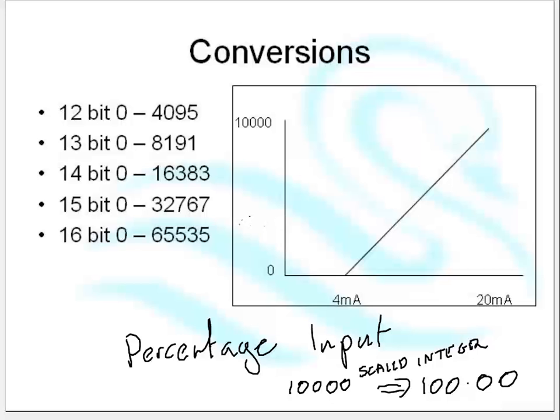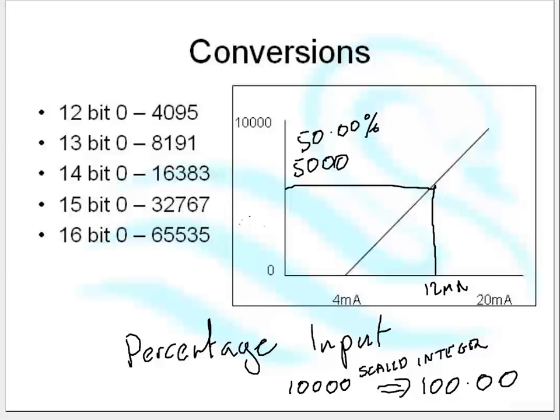So if we set our ADCs, our analog to digital converters, as percentage input, we get a usable number. We get something we can deal with. And we know that, say, 12 milliamps will be 50%. So it's dealable with, whereas raw counts is something that just makes your head explode.